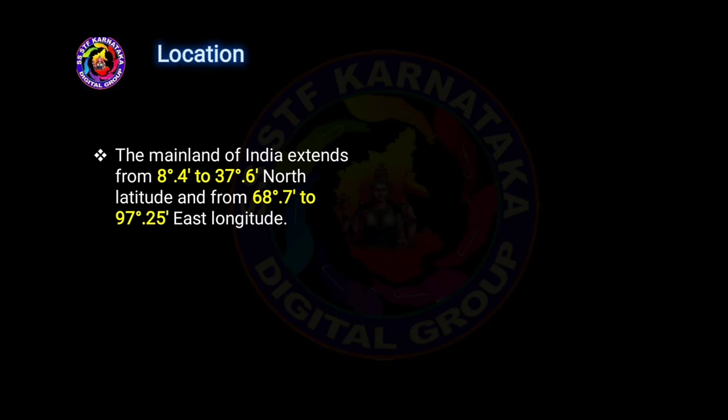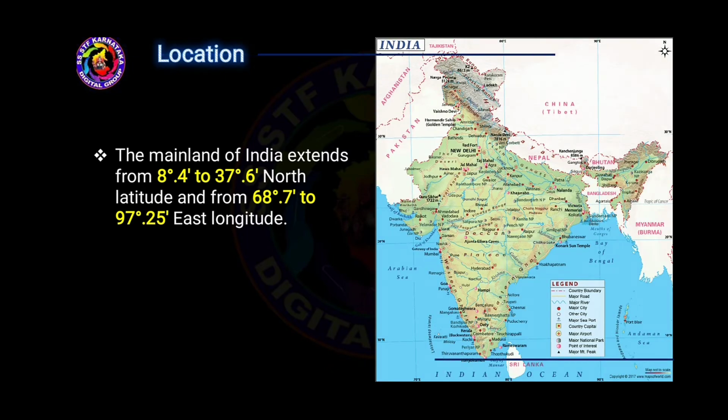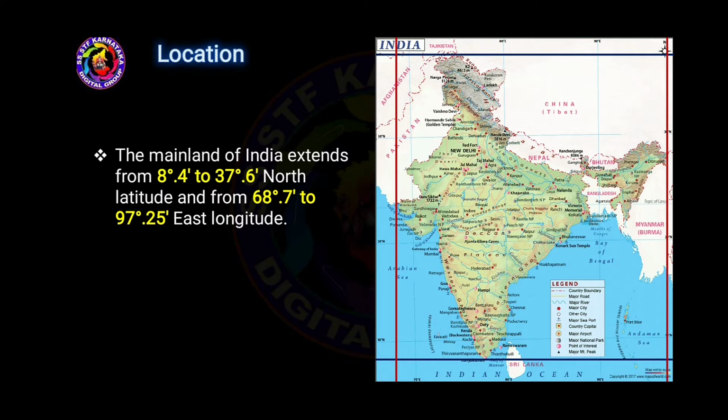The mainland of India extends from 8 degree 4 minutes to 37 degree 6 minutes north latitude, and from 68 degree 7 minutes to 97 degree 25 minutes east longitude. See, our country is completely located in the northern hemisphere.